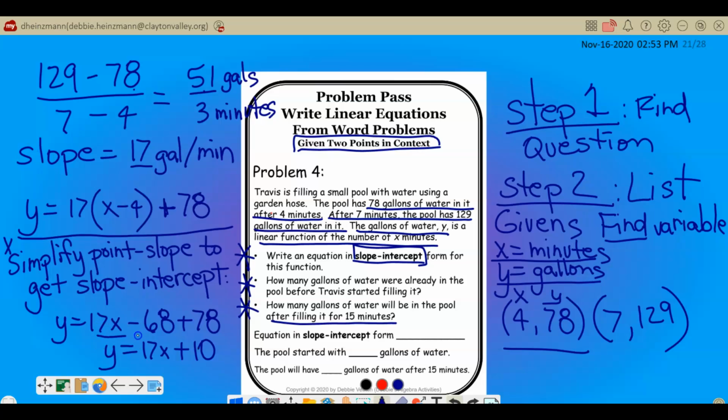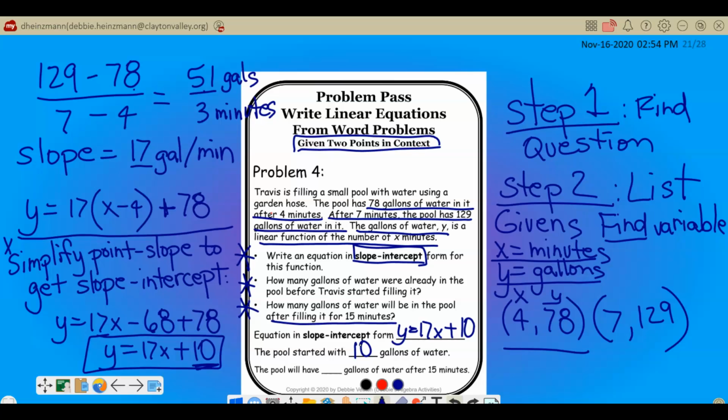So now I've done a couple of things that they've asked me for, okay? I know that the equation in slope-intercept form is y equals 17x plus 10. I know that the pool started with 10 gallons of water because that's my initial value, my y-intercept.